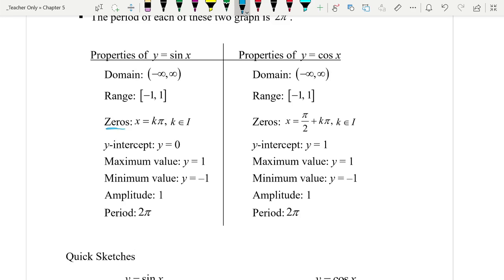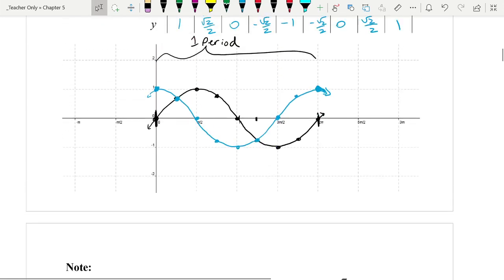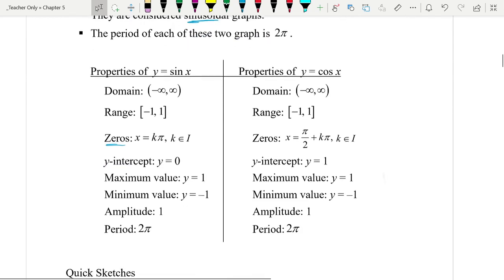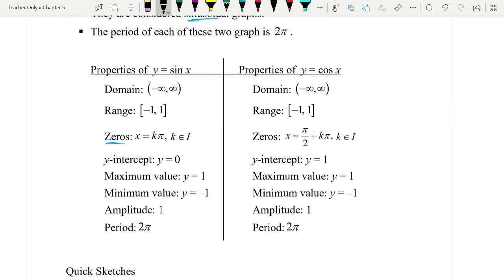All right, let's go back and look at it again. The black graph at 0 pi's, 1 pi's, 2 pi's, 3 pi's, -1 pi's, all of those would be x-intercepts, right? For cosine, cosine hits its x-intercepts at every multiple of pi by 2 that is not a whole number.